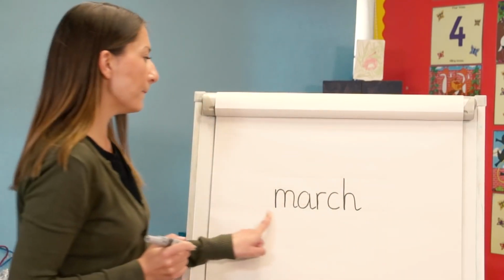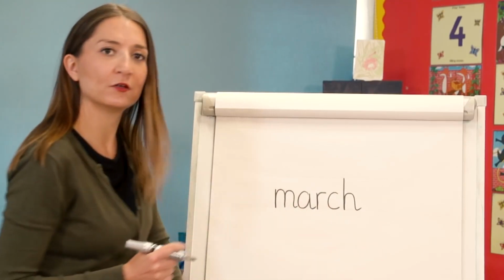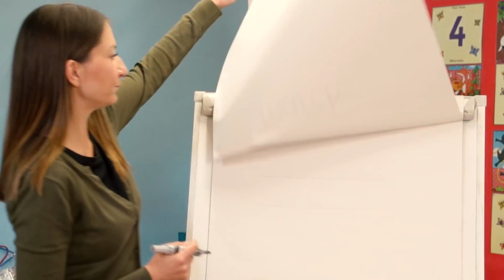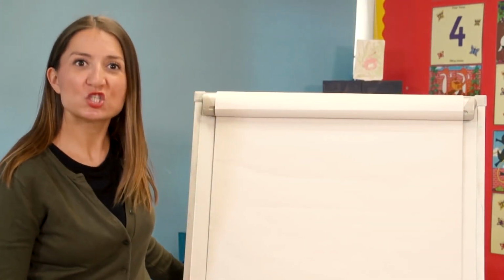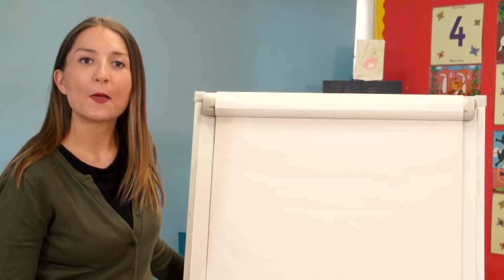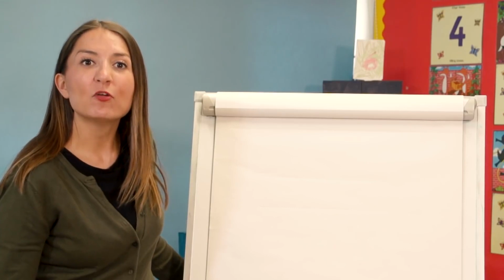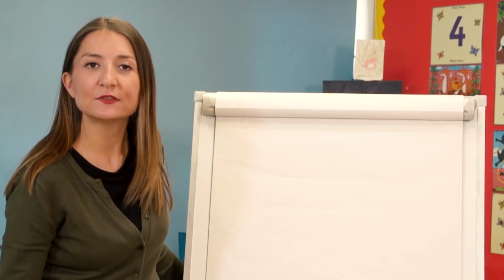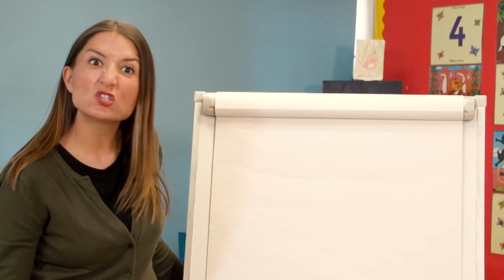Ch. March. M, ar, ch. Now it's your turn. Say the word. Say the sounds. Write them down. Remember, there's 3 sounds. And don't forget the digraphs ar and ch.